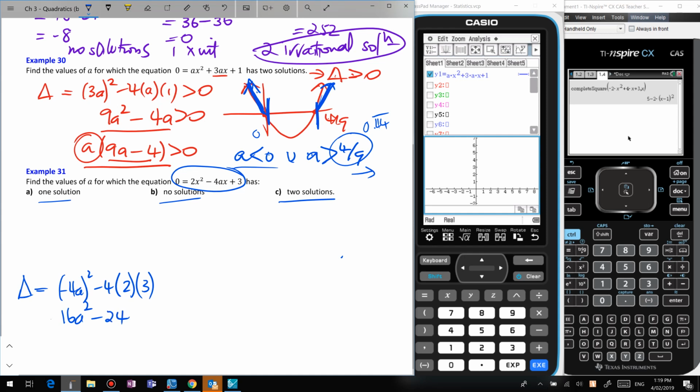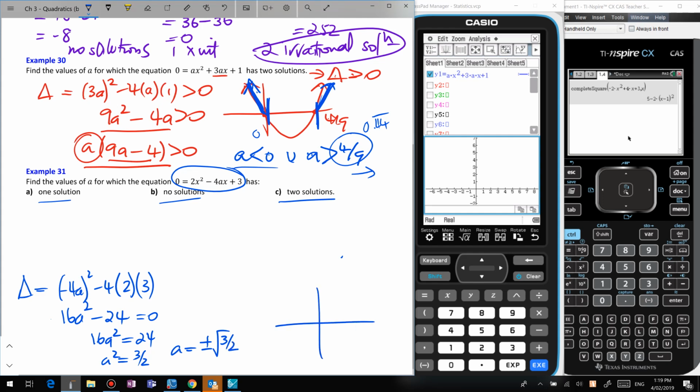If we let it equal 0, we could find out what our x-intercepts are. So we get 16a squared is equal to 24. a squared is equal to 24 on 16, which is 3 on 2. So a is plus or minus root 3 on 2.